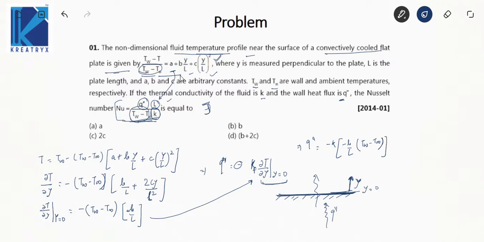When I rearrange this equation, q double dash L upon k times T_w minus T infinity is equal to B. This term and this term, are they the same? Yes, they are the same. So we get our answer is equal to B.